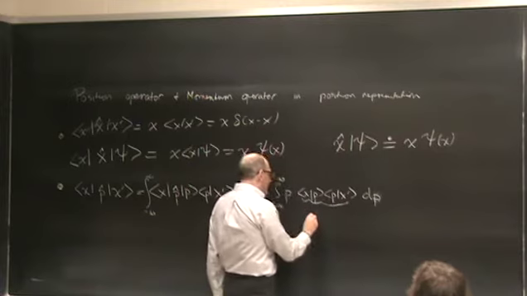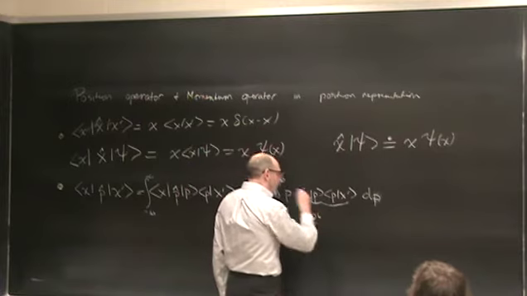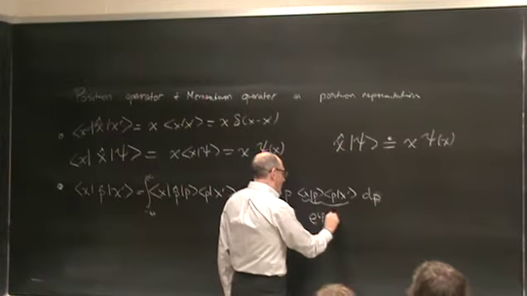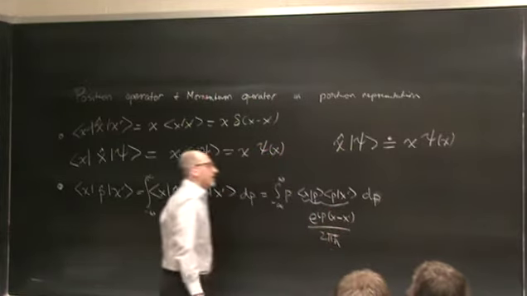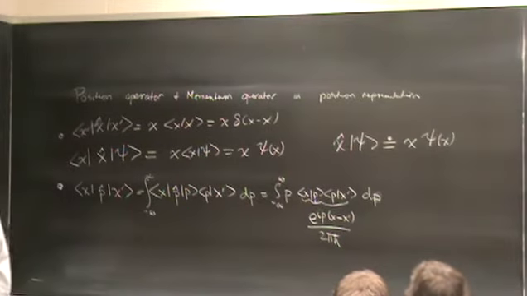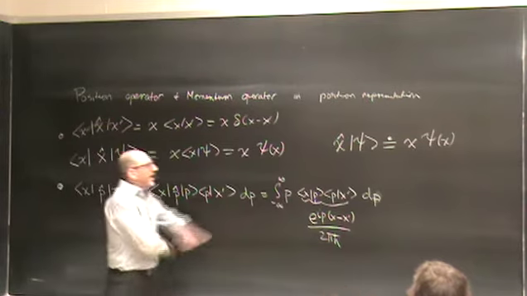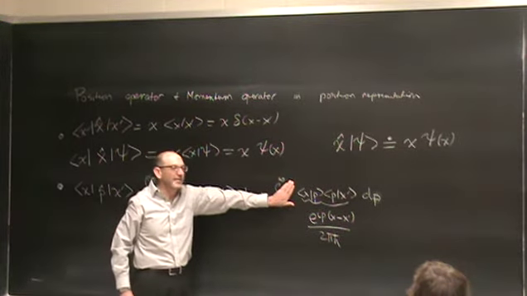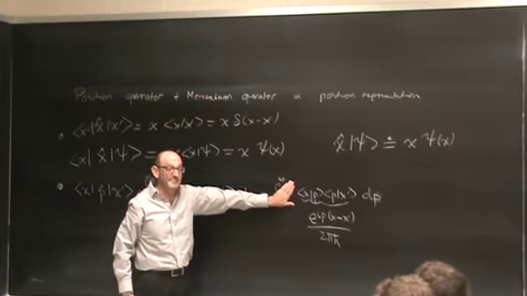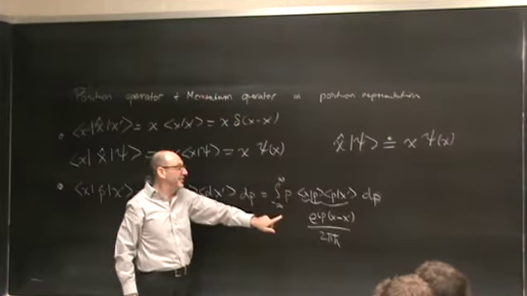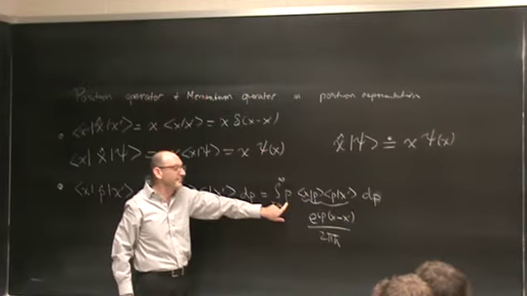So this together is e to the i p (x minus x') over h bar. What the heck is that? If there was no p here, what would it be? That'd be a Dirac delta function, right? But this messes it up.